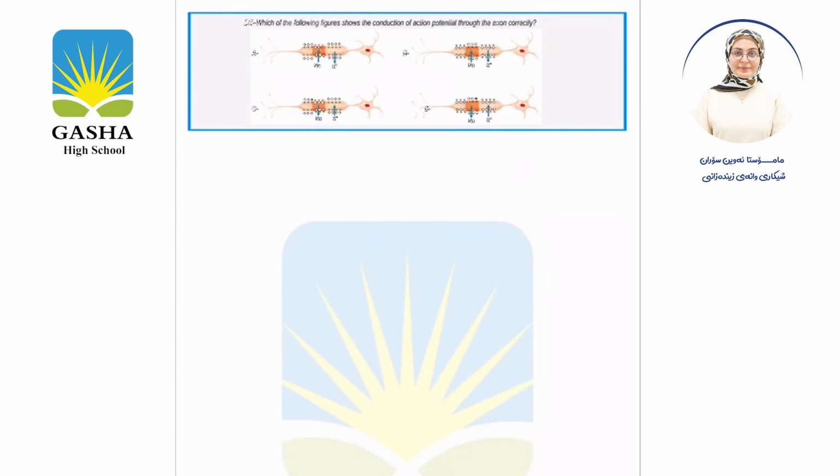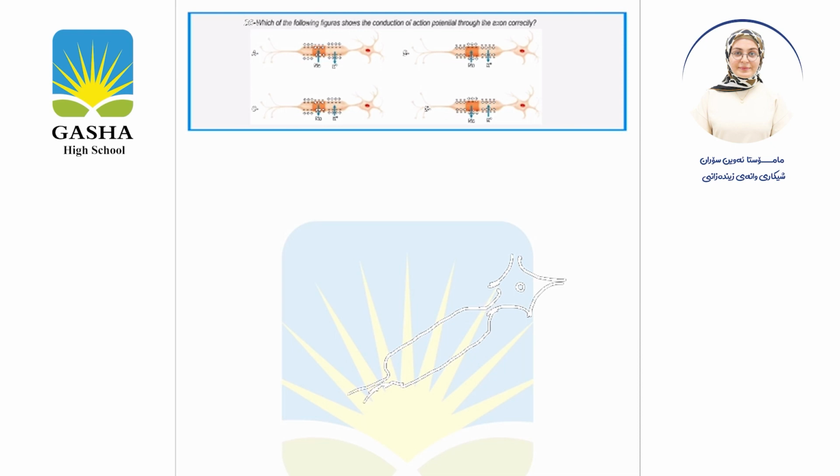Question 20. Which of the following figures shows the condition of action potential through the axon correctly? If we talk about sending an electrical signal in a nerve cell, let's explain it together. Let's say this is a nerve cell, and this is its axon.